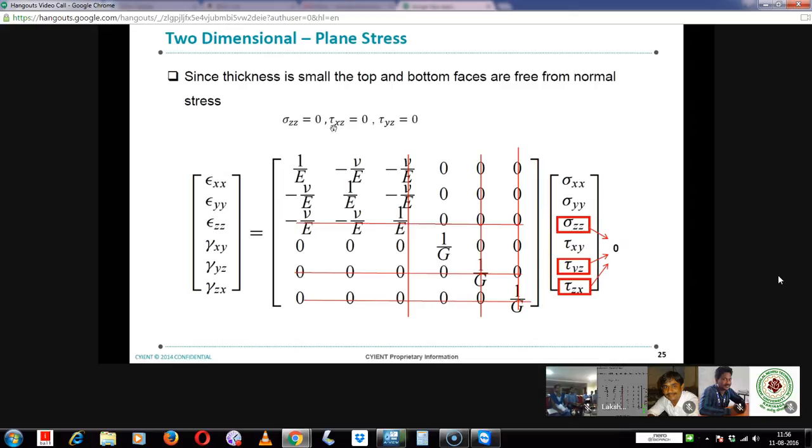There won't be any shear stresses along xz and yz, and there won't be any normal stress along z. So these three factors become zero. Once these become zero, we can take this line out, similarly this line, and similarly these three lines out.